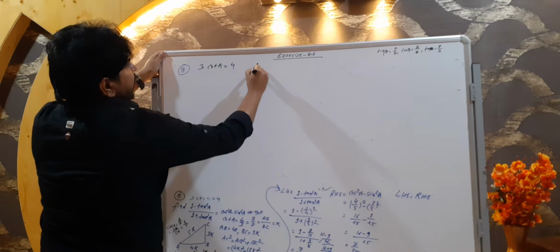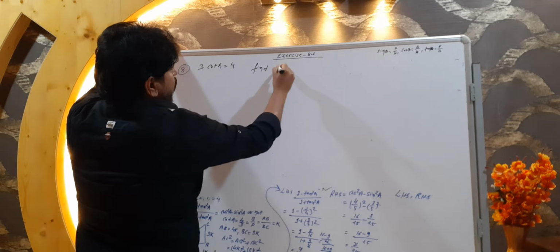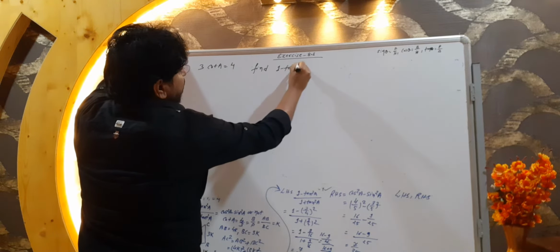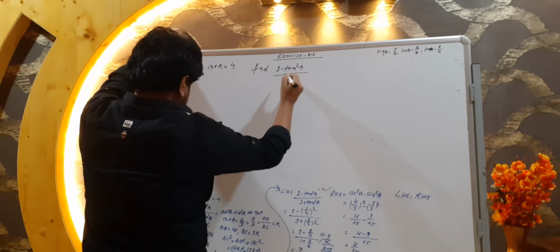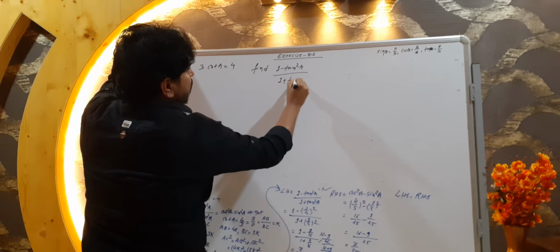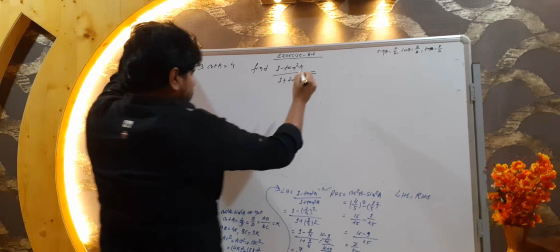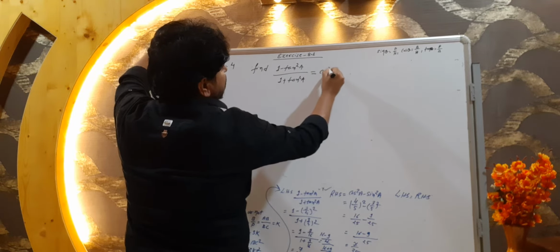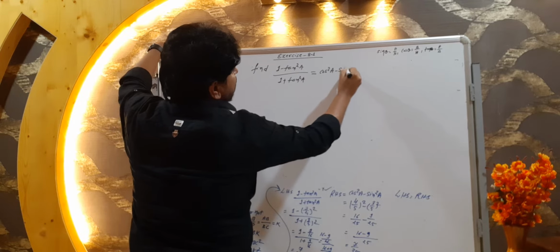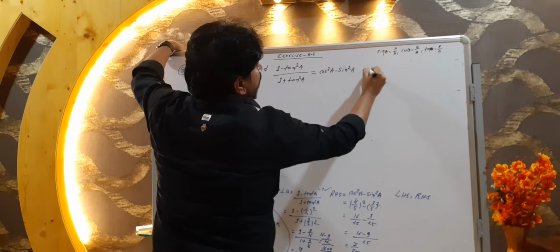We have to find the value of (1 minus tan square A) upon (1 plus tan square A) equal to cos square A minus sin square A or not.